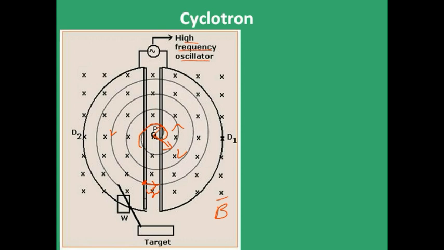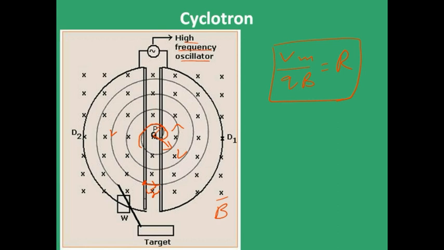So the velocity of that particle increases and hence the radius of its subsequent circular motion also increases, because you know that the radius is mv by qB. I discussed this in the last video, remember? So as the velocity increases, the radius also increases.